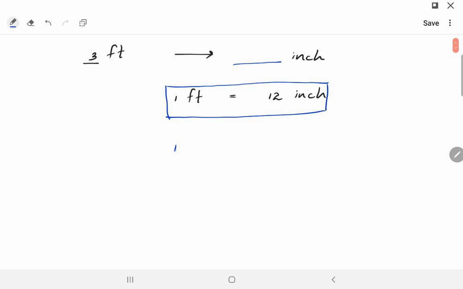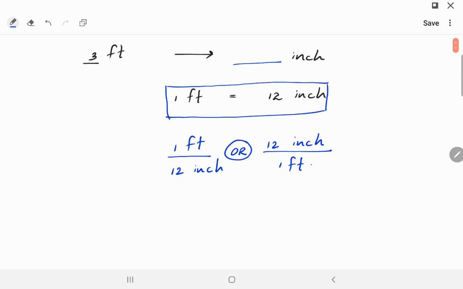You put one term on top and the other term at the bottom: 1 foot over 12 inches, or 12 inches on top and 1 foot at the bottom. These are the two conversion factors that we can develop from the unit relationship.